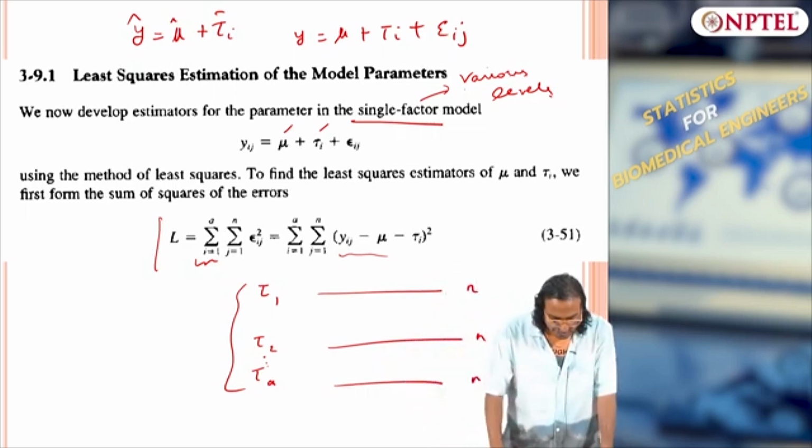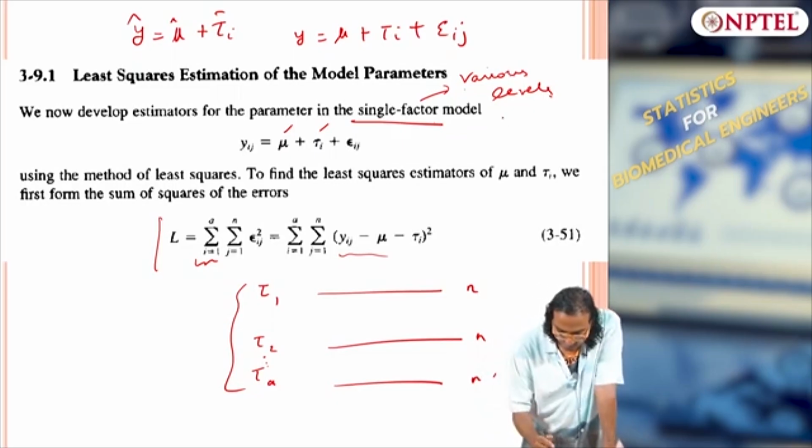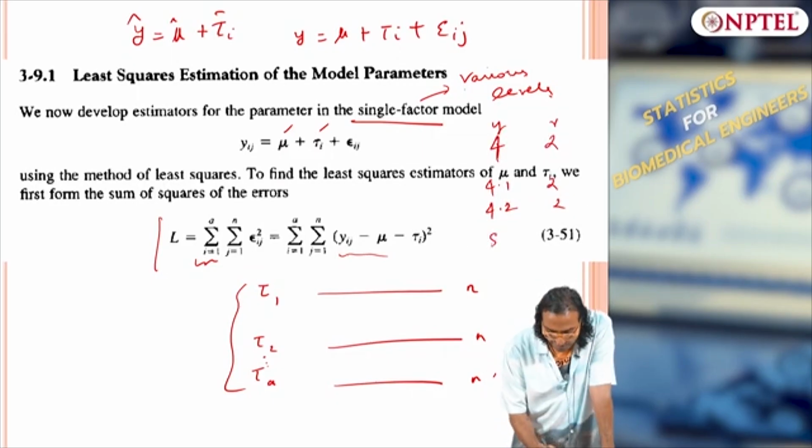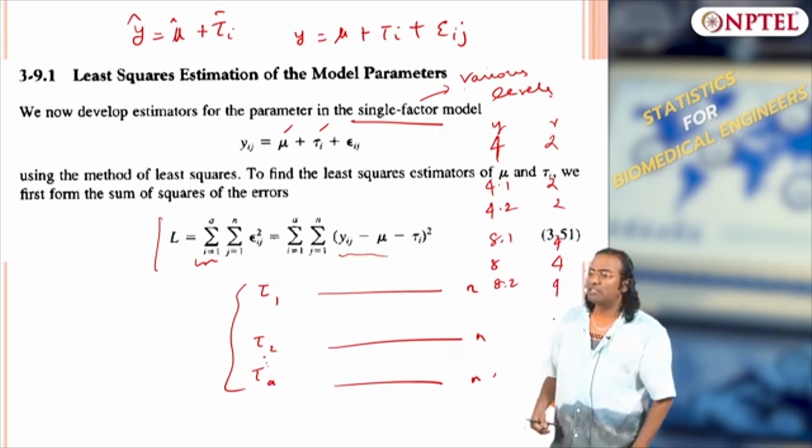I told you when we started, if I write it as y and x, you may have 4, 2, 4.1, 2 and 4.2 also 2, and you could have 8, 8, 8.1, 8, 8.2, but you could have 4, 4, 4. Why is there this variation in y?